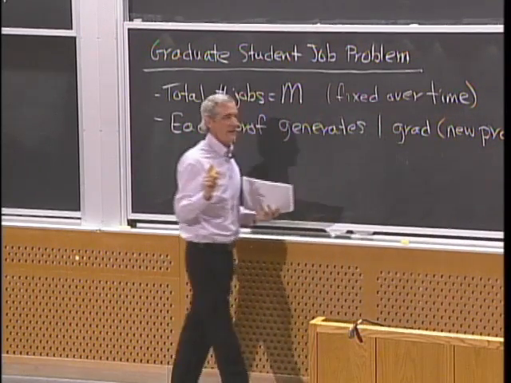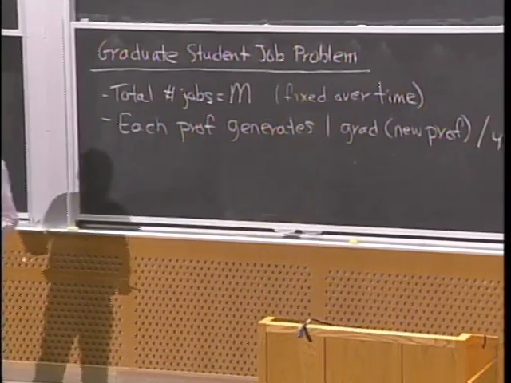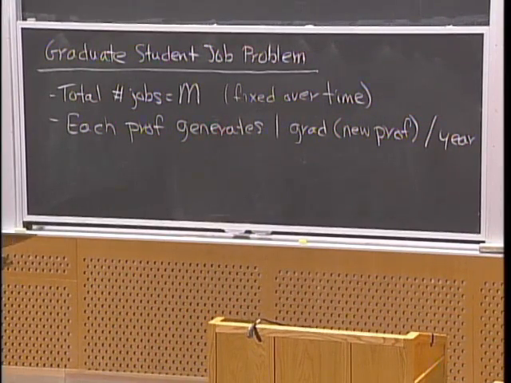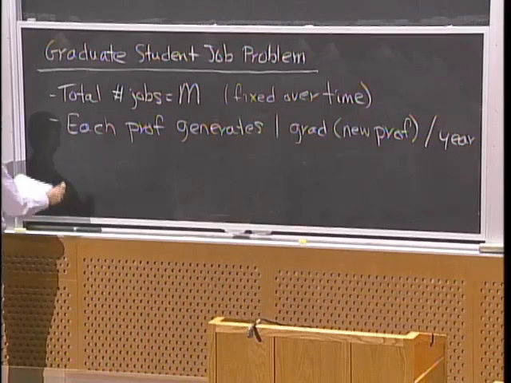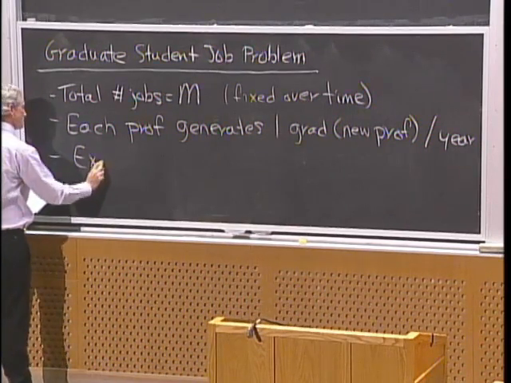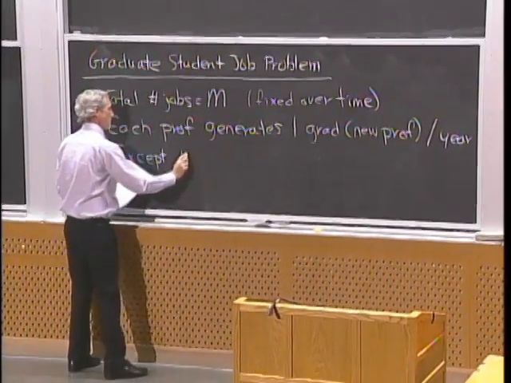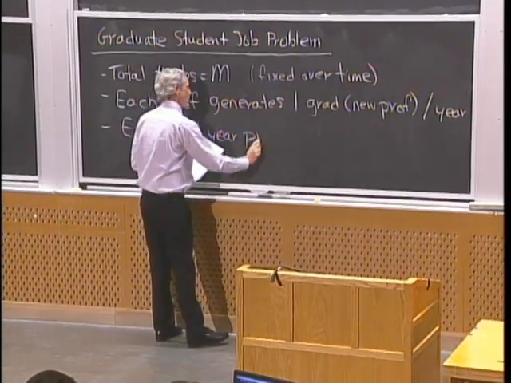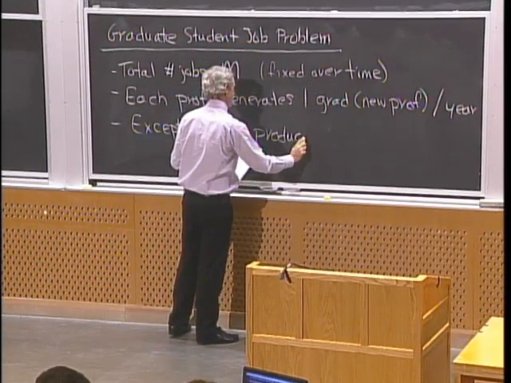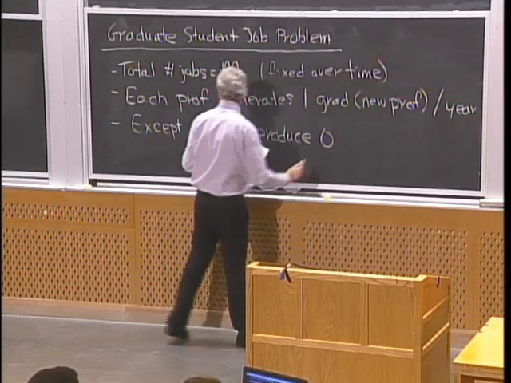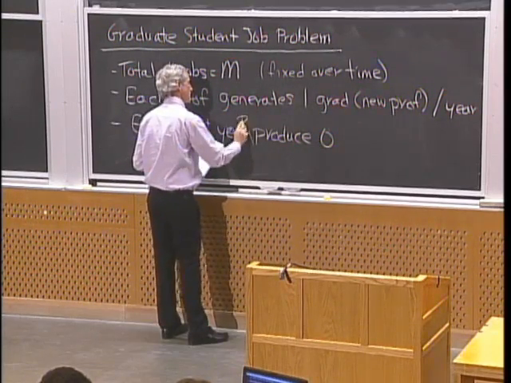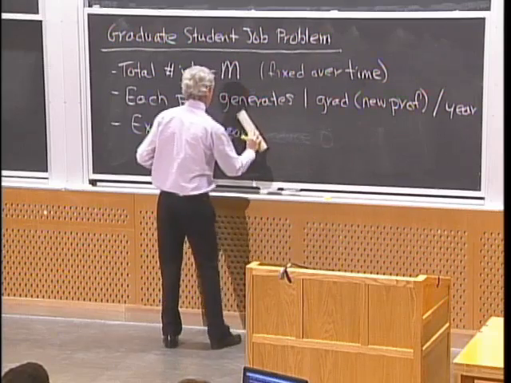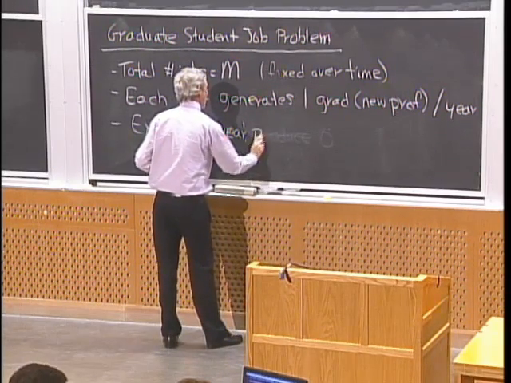With one exception, and that's first-year professors, because they're too busy learning how to teach, getting grants, doing administrative stuff, just figuring out how it all works, so they don't have time to produce any grad students. So first year or new professors don't produce anything. Except first year profs, oops, let me correct that. So first year profs have 0.